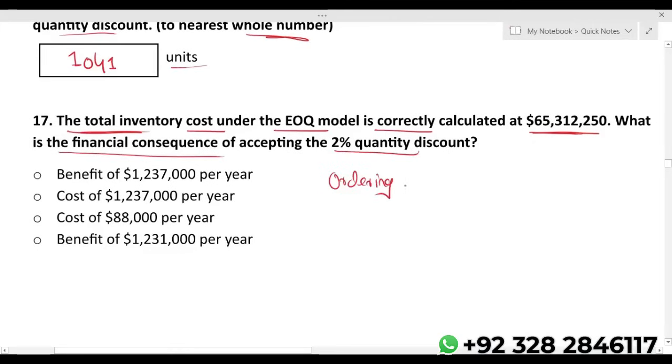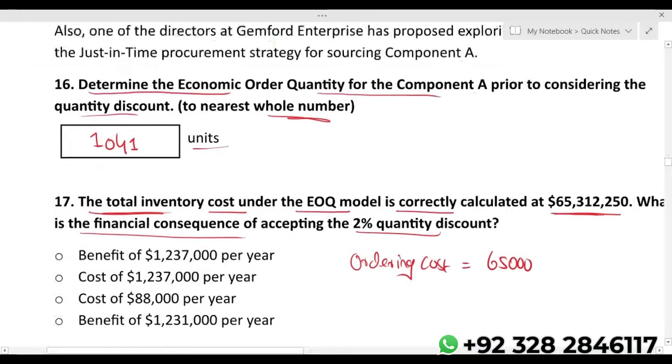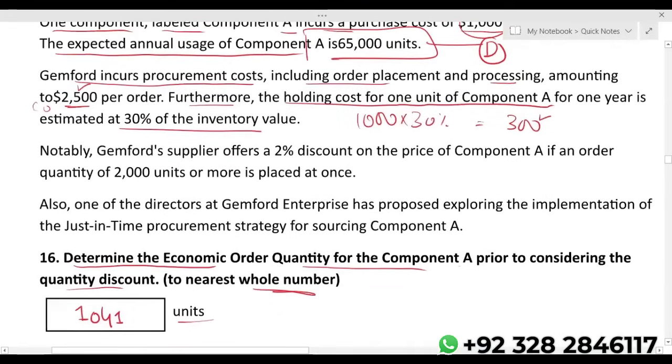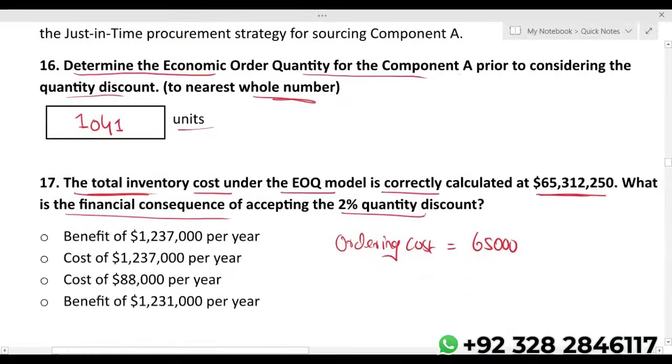First, we'll be calculating ordering cost. Annual demand, we know that, which is 65,000, but in order to get the 2% discount, what will be the order size? Notably, Gimford's supplier offers a 2% discount on the price of component A if an order quantity is 2,000 units or more in one go.